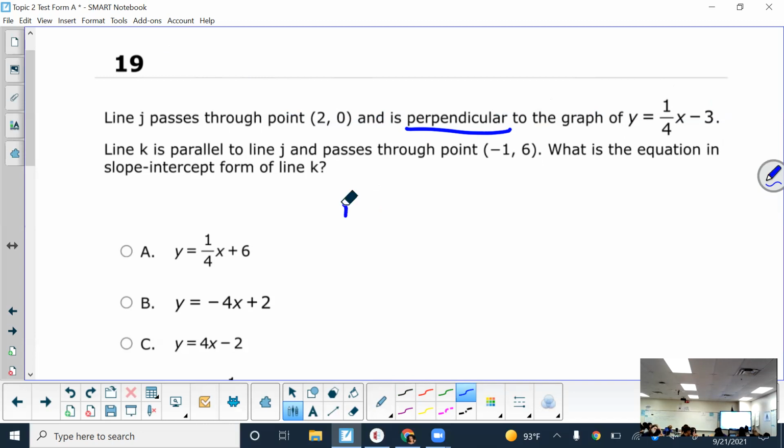All right, so let's take some notes. Line J is perpendicular to this graph. So perpendicular, what do we know about the slopes? Are they the same? Are they negative reciprocals? What do we know about perpendicular lines?